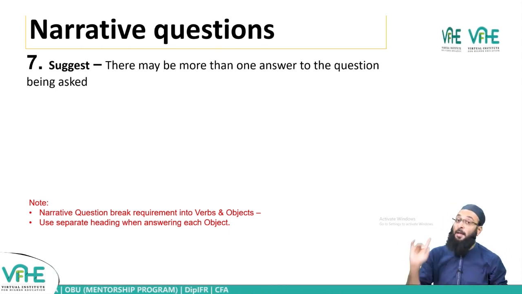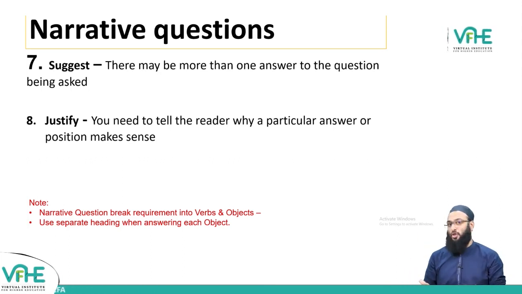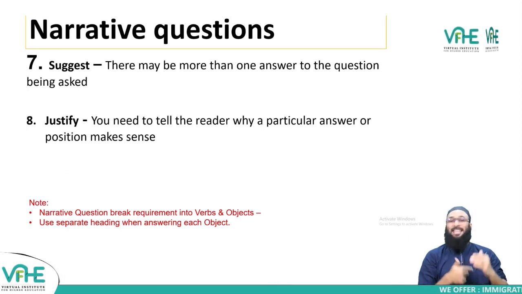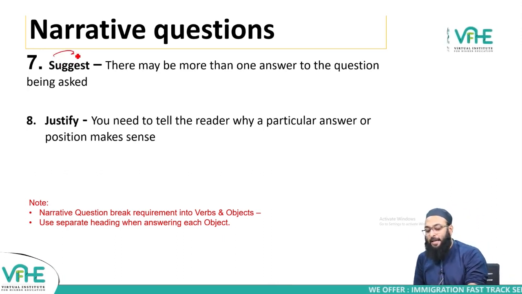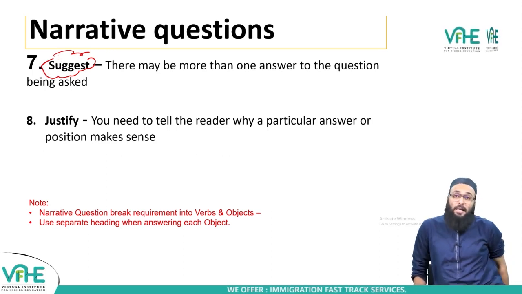That's suggestion. But when they say suggest with justification, wow, that is where the level and the intensity increases. As I said, if they say suggest the measure, you say number of repeat customers.